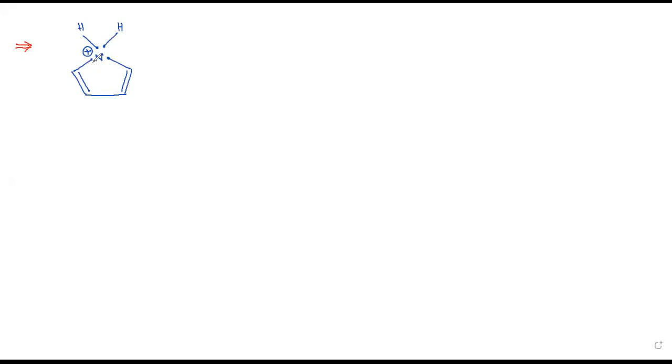Only 4 electrons, it will have a positive charge. Now, this positively charged nitrogen is of sp3 type, right? Moreover, it has only 4 pi electrons, but still the nitrogen is sp3 hybridized, so therefore it doesn't have any vacant p orbital. If it were to be sp2, it would have actually got a vacant p orbital, would have actually supported conjugation.